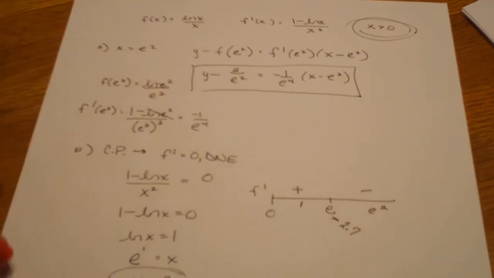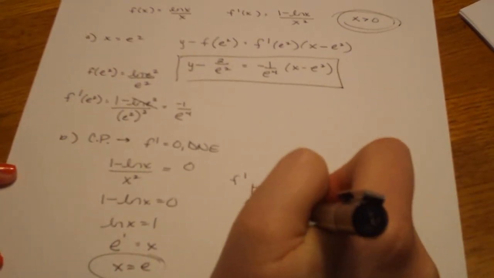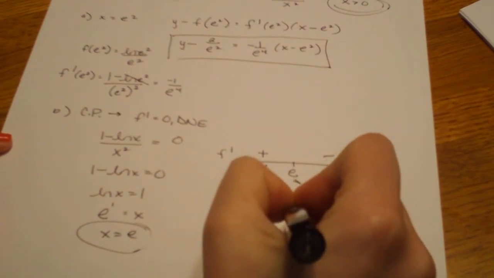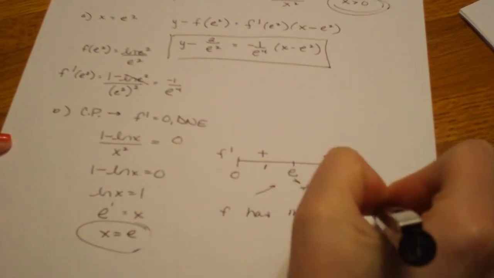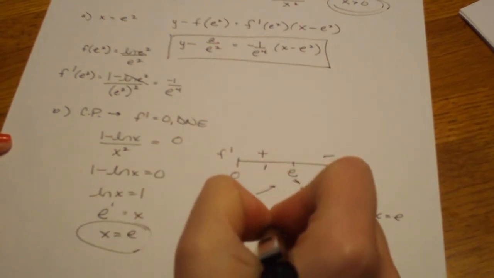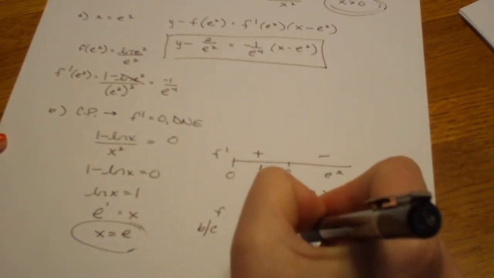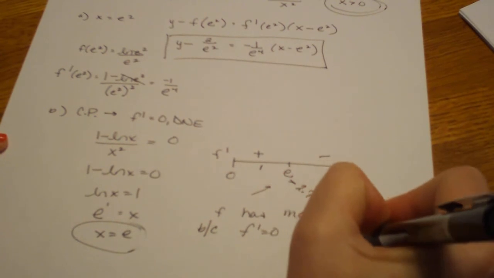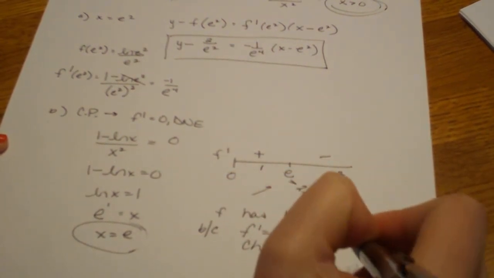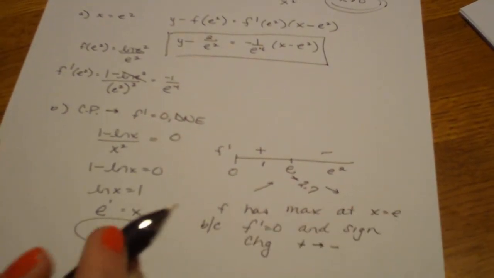Therefore, f is increasing and then decreasing. f has a max at x equals e, because f prime is 0, and we have a sign change of plus to minus. So there's part B.